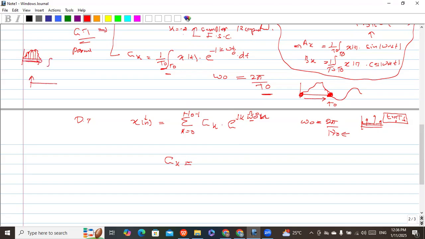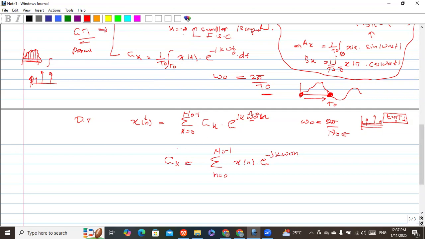But if you consider this discrete time signal, there are finite values, so we can add value 1, 2, 3, likewise. So there is no need of an integration for the discrete time signal; you can have a summation. The summation will be for n from 0 to N naught minus 1, of x[n] e to the power minus jk omega naught n.